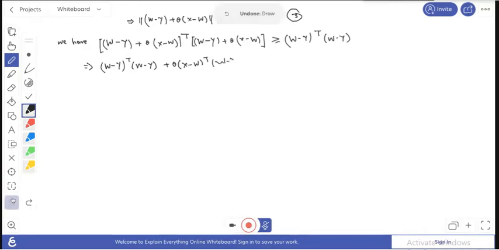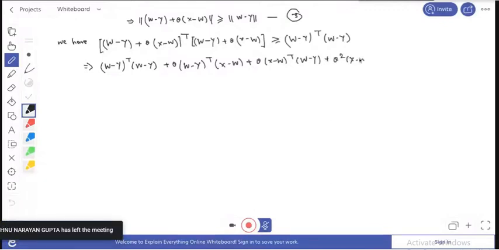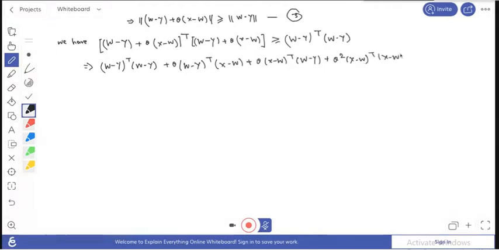So this becomes w minus y transpose times x minus w, and then we multiply the second one, so it becomes theta times x minus w transpose times w minus y, and then theta square times x minus w transpose times x minus w.